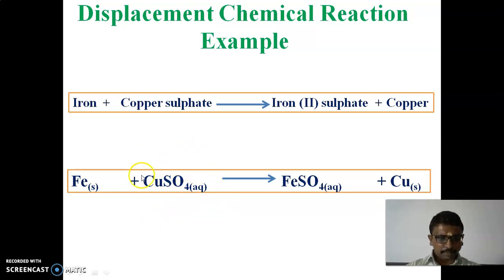In that compound, the element is less reactive. It will be displaced by the more reactive element to form a new product, which is known as displacement reaction.